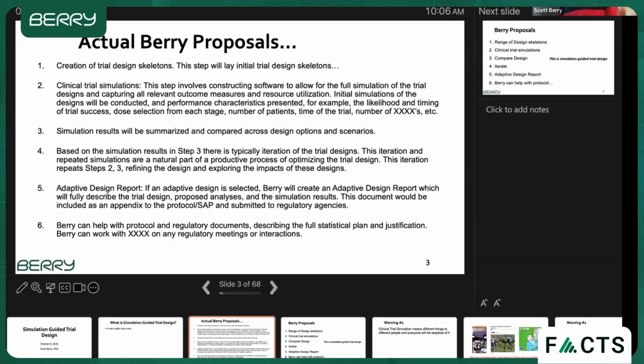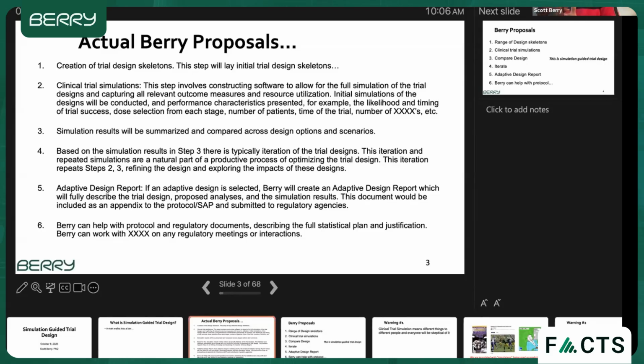Step 2 is we simulate the trials in pretty good detail about enrollment rate, dropout rate. And what we're going to do with those simulation results is compare them. Step 3 says simulation results will be summarized and compared across the different design options and scenarios. Initially, it might be sample size. It might be number of arms in stage 1 of the trial dropping for stage 2. And we compare the designs.